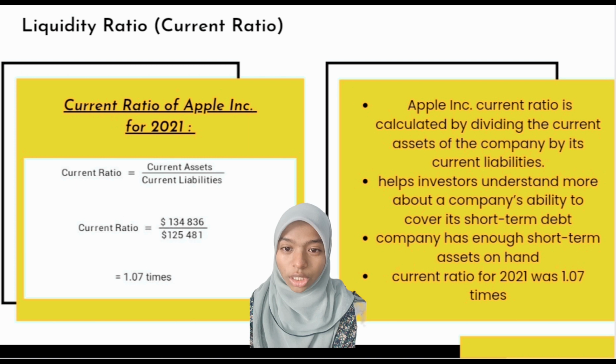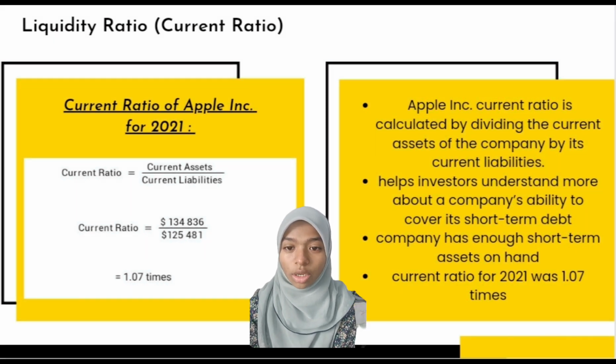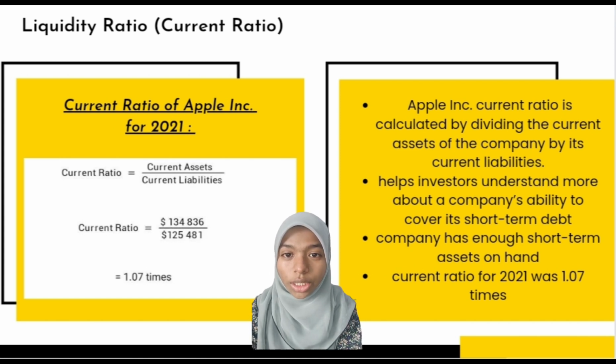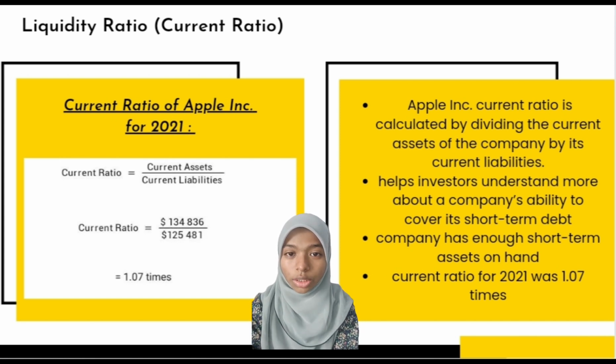In 2022, the company reported 153,982 million of current liabilities, and for 2021, the company reported 125,481 million.